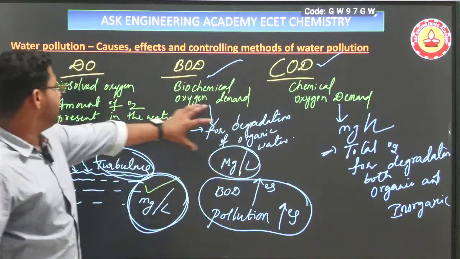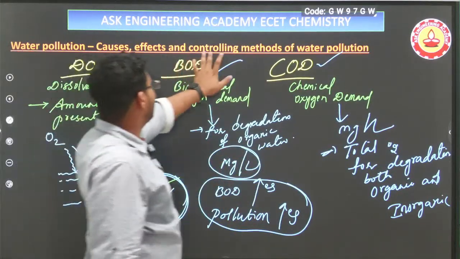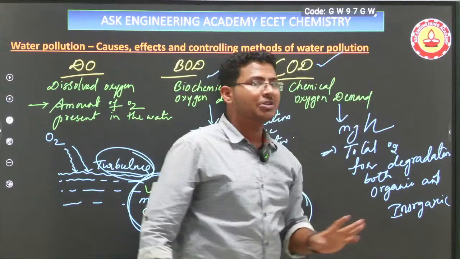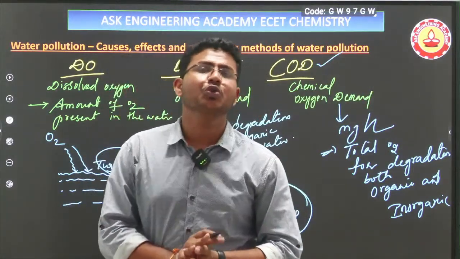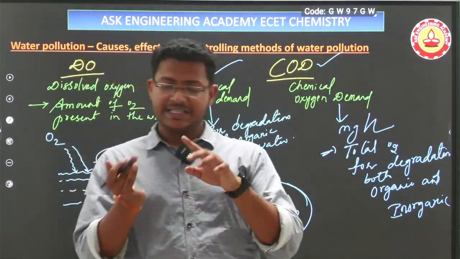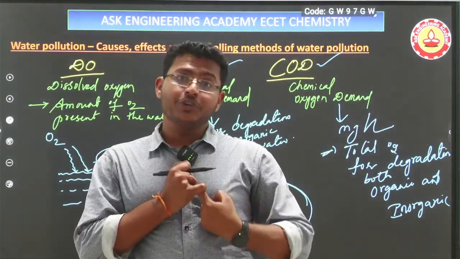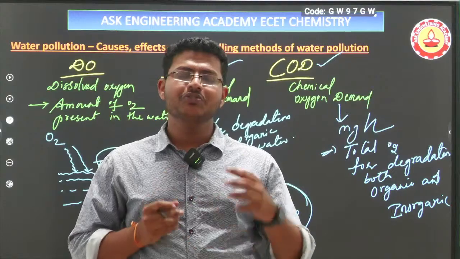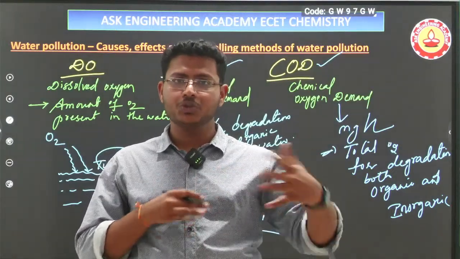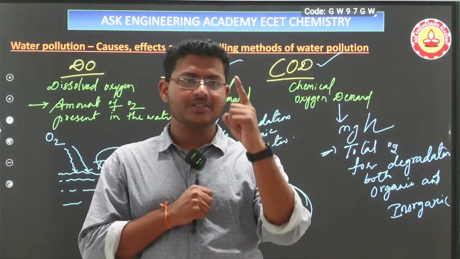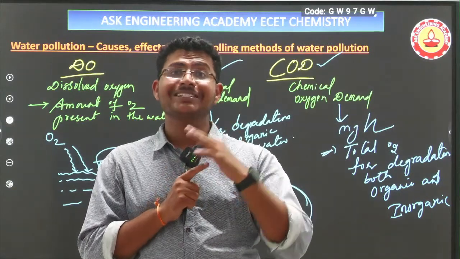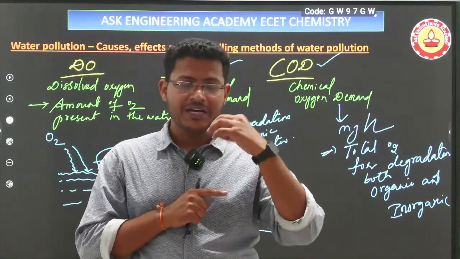So with this we have completed water pollution, but we have controlling methods of water pollution. Simply I will explain how to control water pollution. If you know the causes of water pollution, you will come to know how to control it. First, proper waste management.